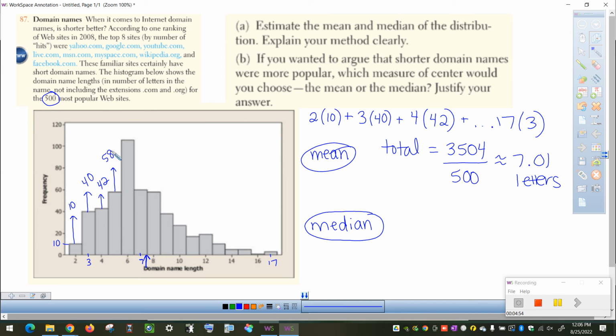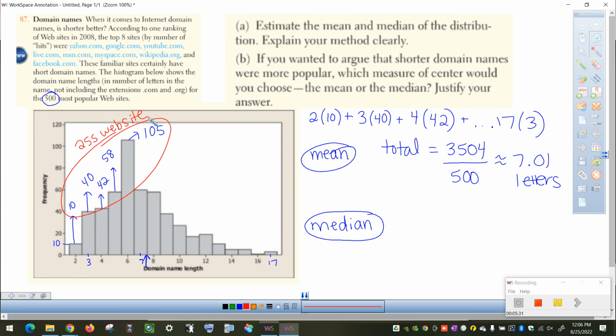So that gets us to about 150. Sorry, we were at 92 and we added 58, so we're at 150. If we look at the height of the tallest bar, it's a little over 100, so I'm going to say about 105. If we add that 105 to the 150 we had before, that gets us to a total of 255 websites, and the exact halfway point is at 250 websites.